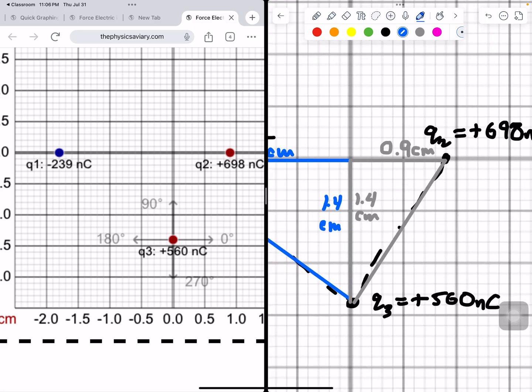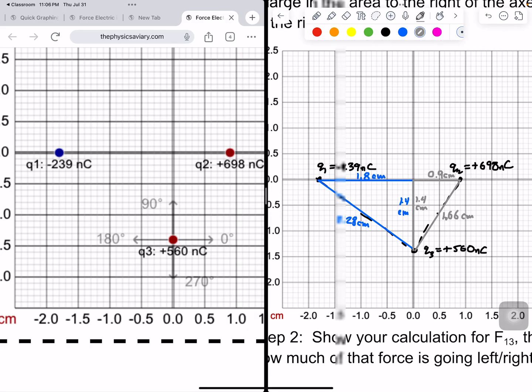And the other distance, about 1.4 squared plus 0.9 squared, and then we're going to square root that. And I'm getting about 1.66 centimeters. Okay, so I've got my distances.